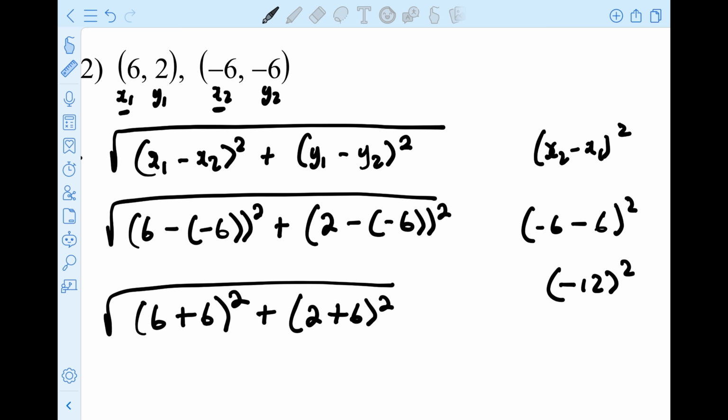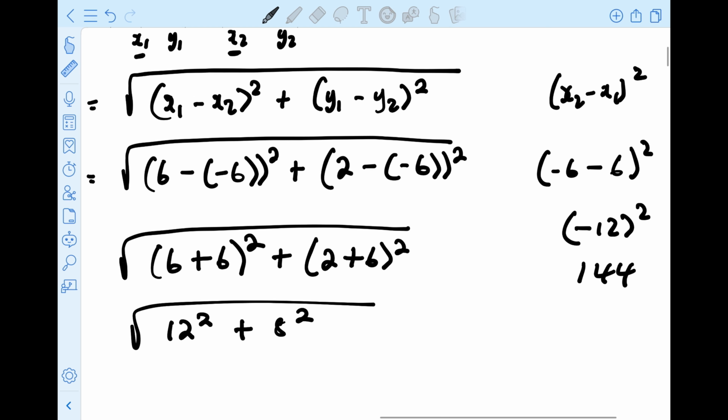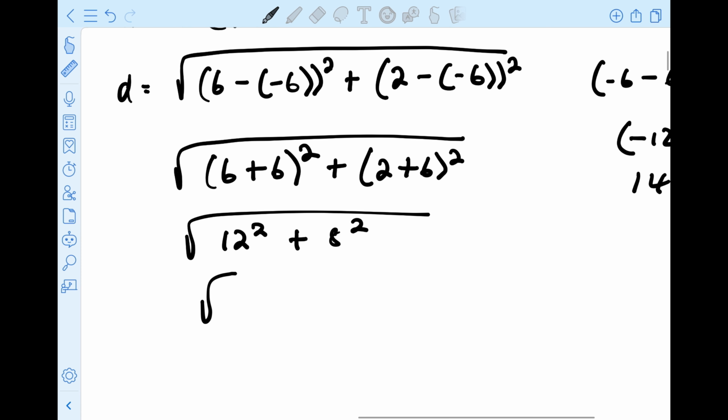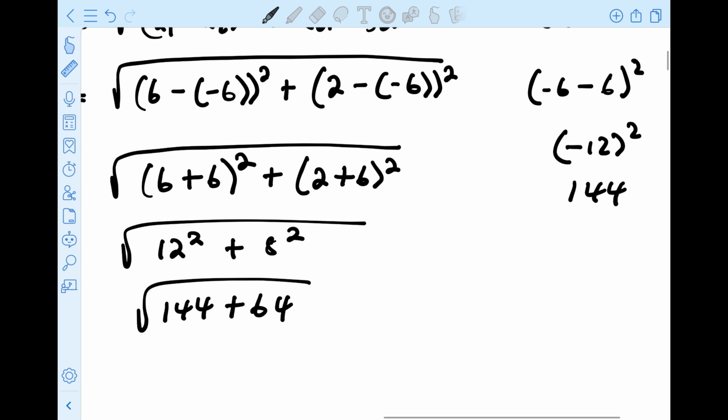So what you notice is happening? Well, this would be 12 squared plus 8 squared. And this would be negative 12 squared, which is still a positive 144. And in this case, this one is still going to be a positive 144 plus 64. So in both cases, I end up with a positive 144, and that's because the square of a negative is always positive.